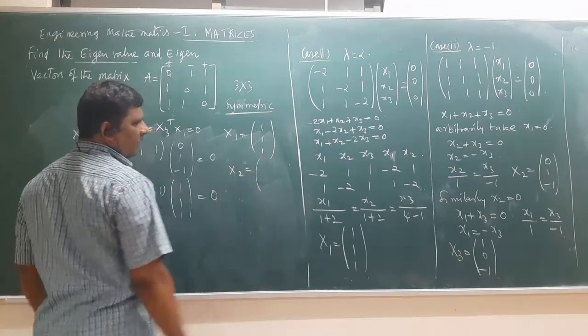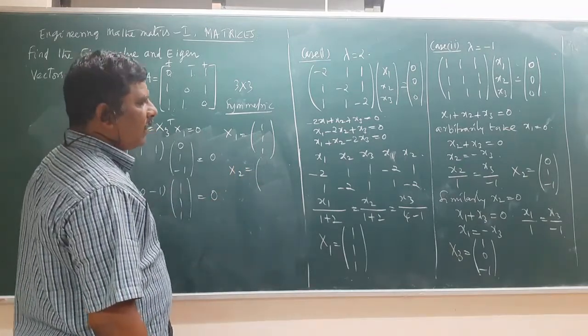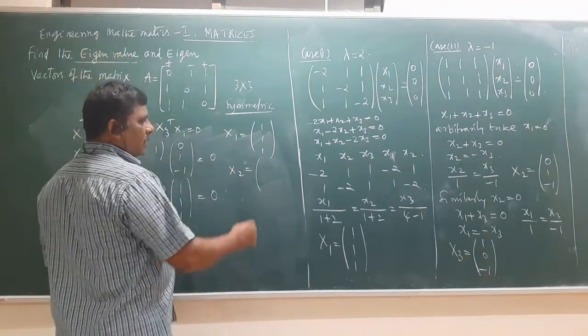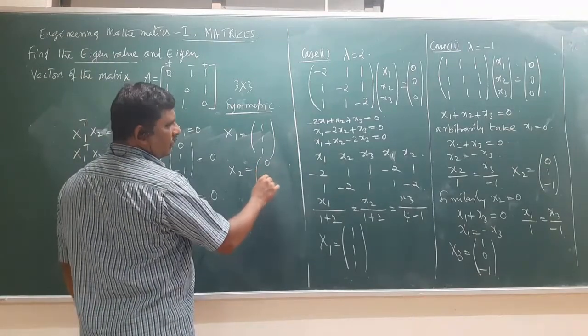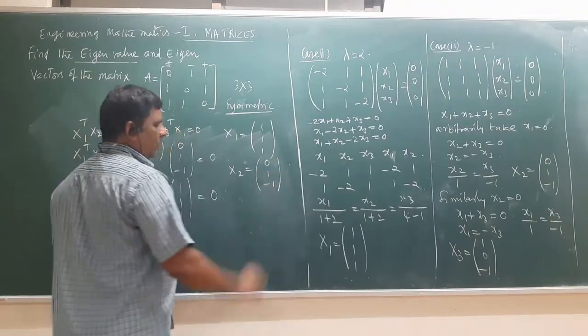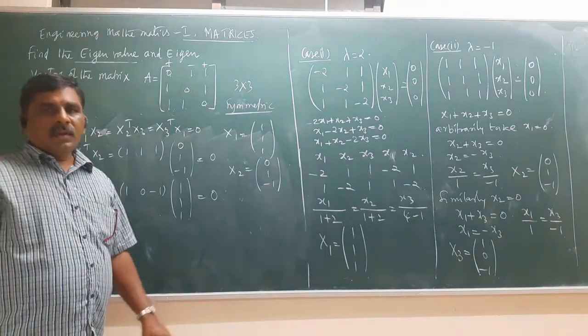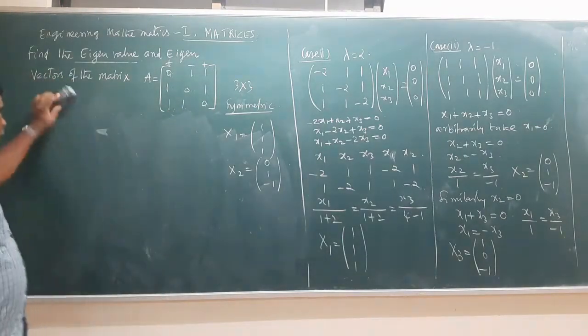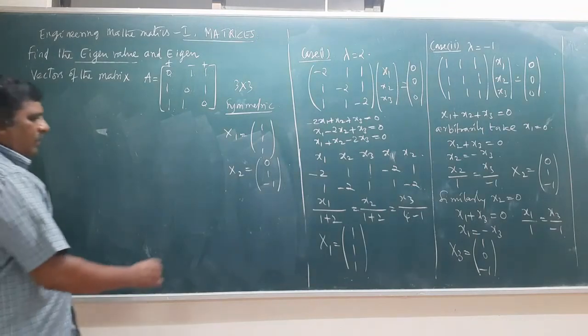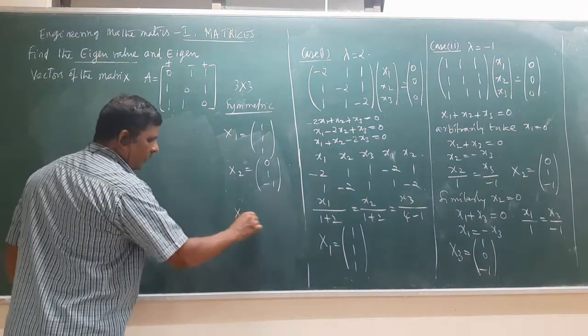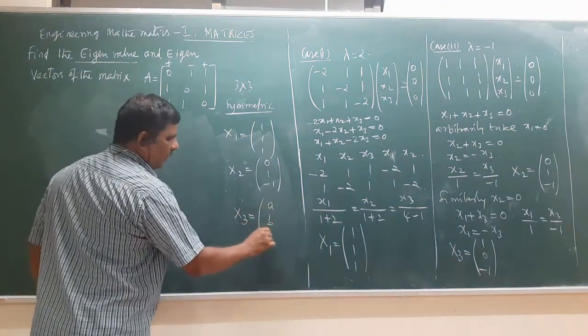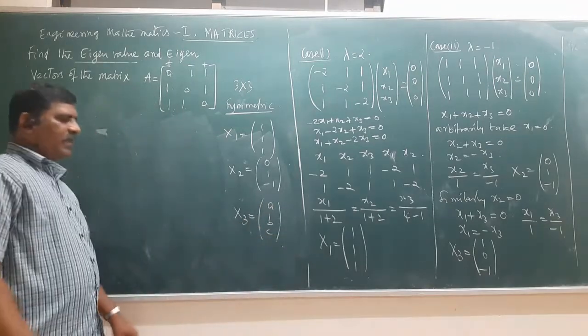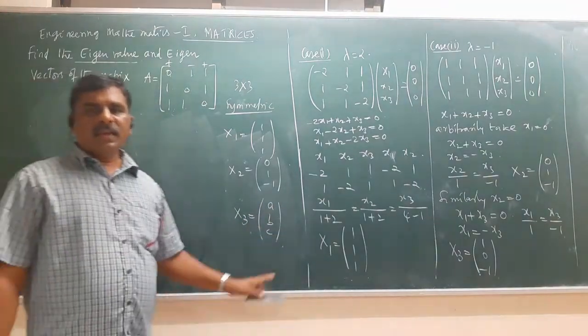This is a very simple method to find the third eigenvector satisfying the condition. x2 is 0, 1, minus 1. Now, how do we find x3? I am taking x3 as A, B, C in general.